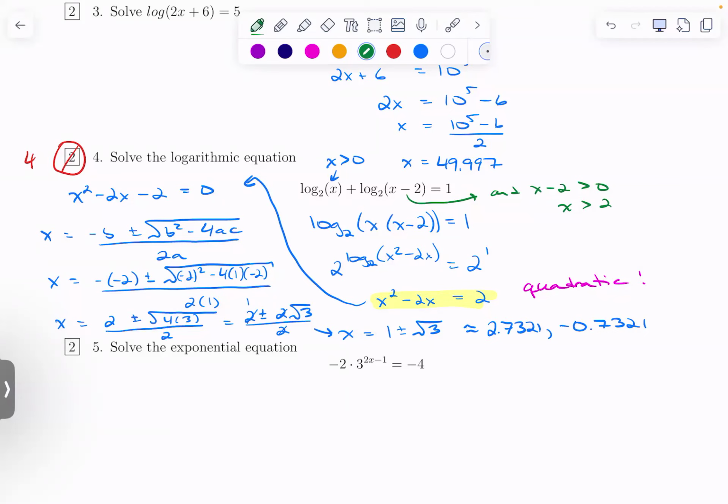Okay, so that's the limiting factor. x has to be greater than 2, because x has to be greater than 0.